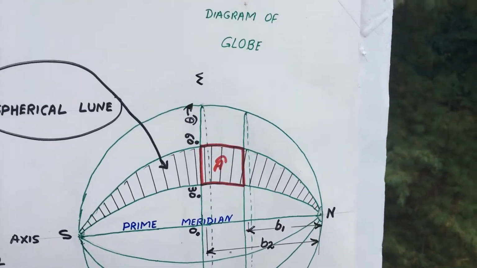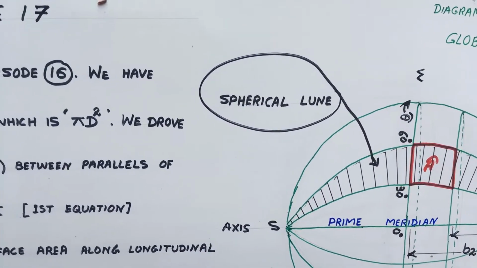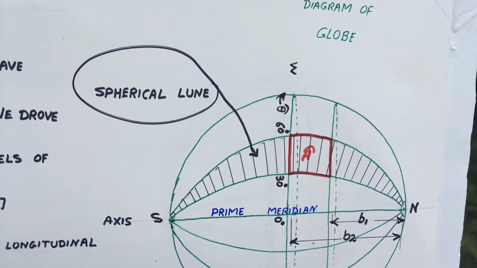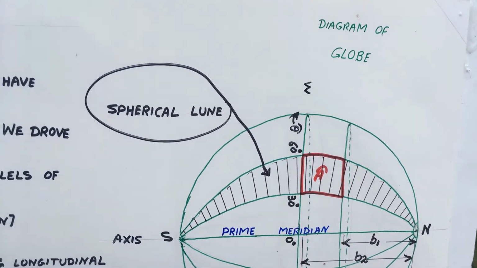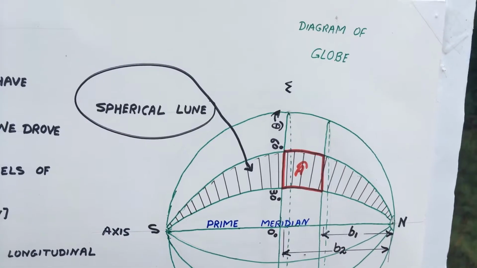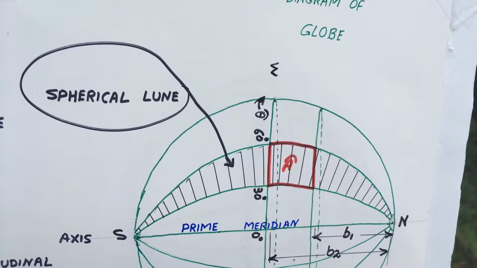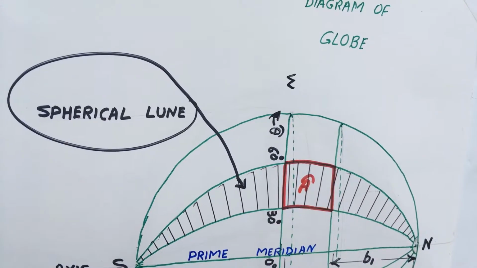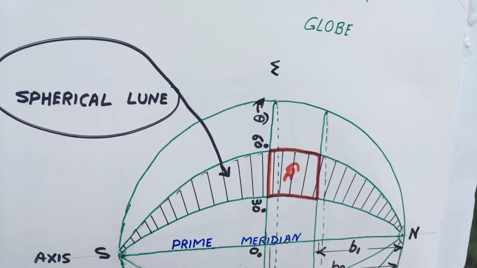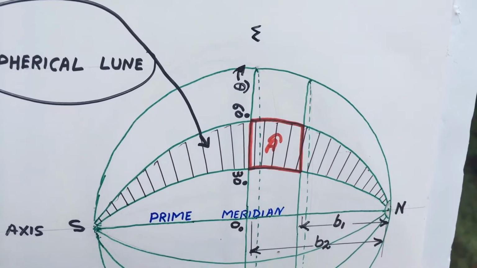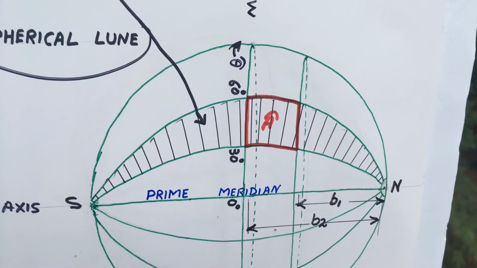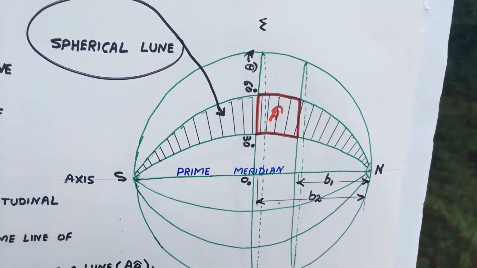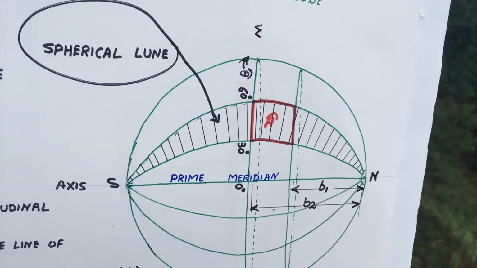This is the North Pole, this is the South Pole, and there is a prime meridian, and we have a shaded lune, inside which is an A with a cap on top of it, an area enclosed between two latitudes and two longitudes. This is called the spherical lune.